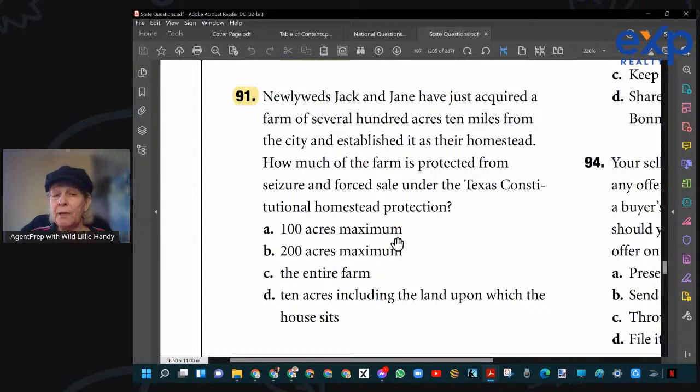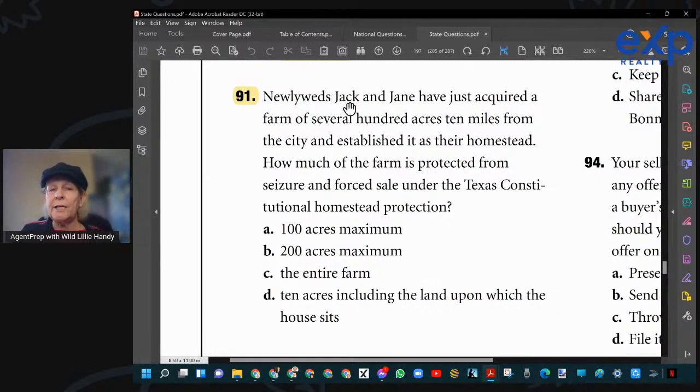But the 200 acres are protected from seizure or forced sale under Texas constitutional homestead protection. Now, if it's a defaulted mortgage, the lender can foreclose. It doesn't matter if it's a homestead because they owe a loan. But for other creditors, it cannot be seized. They can't take your primary residence away.